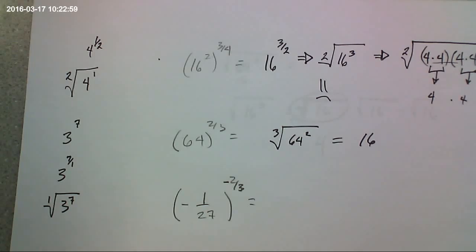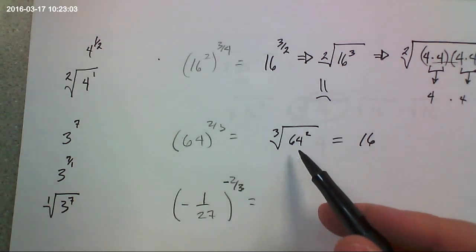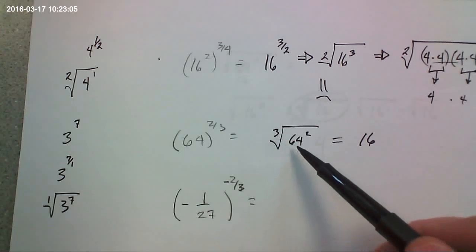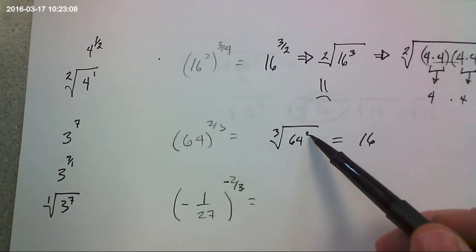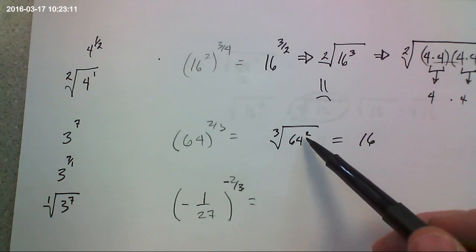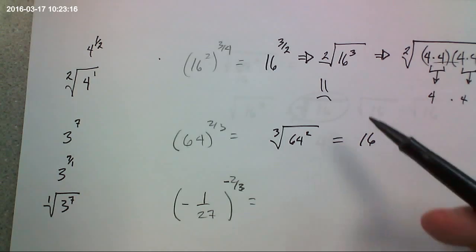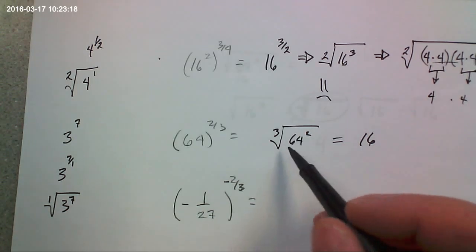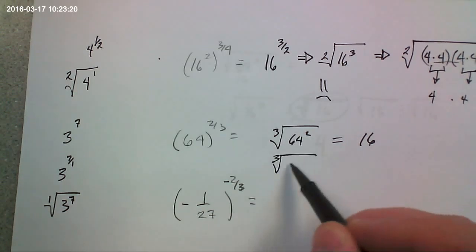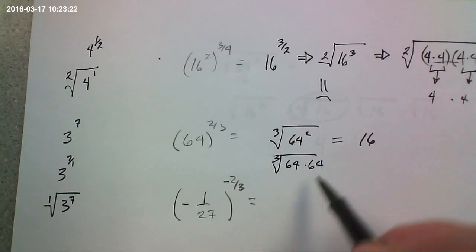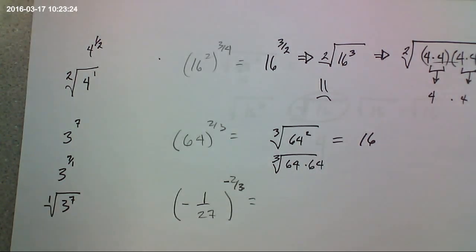So it's going to be 4 times 4, which is 16. 4 times 4 times 4 is 64. So this is the same as the cube root of 64 times the cube root of 64, which is 4 times 4, which is 16.